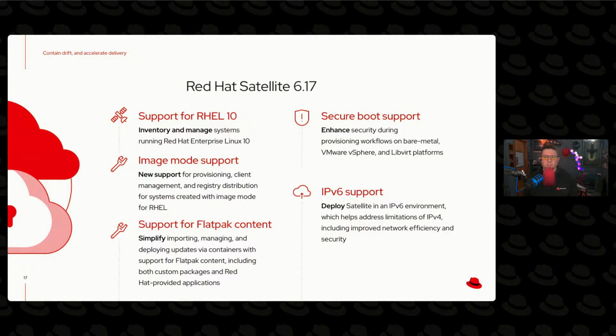It's really popular for desktop apps, but that's not the only use for it. Satellite 6.17 brings better support for Flatpak content. Secure boot support. Satellite 6.17 now supports secure boot provisioning on bare metal, VMware vSphere, and libvirt platforms. This provides some enhanced security during provisioning workflows.